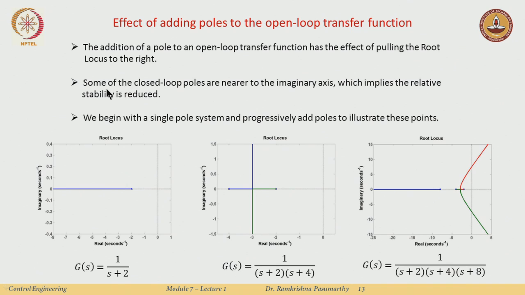So, what is happening? First, the root locus which was just going to infinity in the first case is now pulled a little bit to the right. So, the root locus exists just in this domain, it was earlier existing in this entire domain here, and I add one more pole and it shifts it further to the right in such a way that it can also go to the verge of instability after I attain a particular value of the gain k.